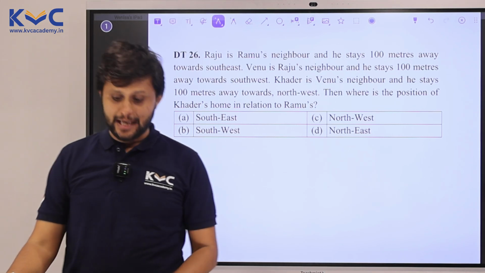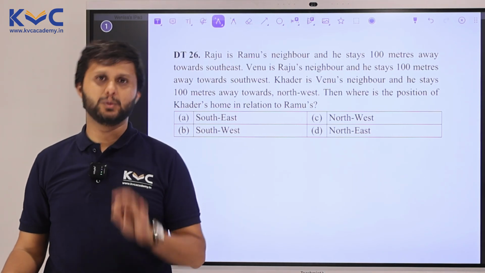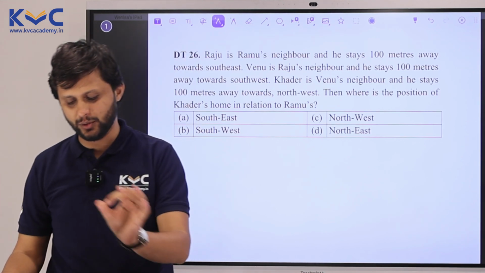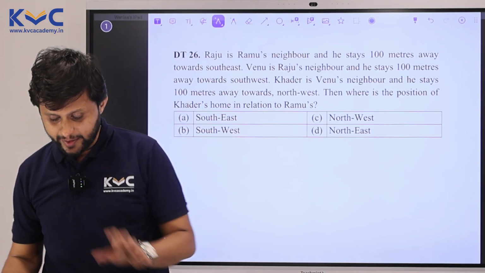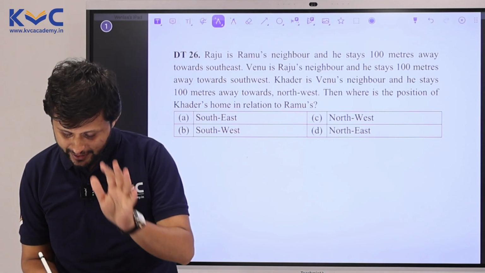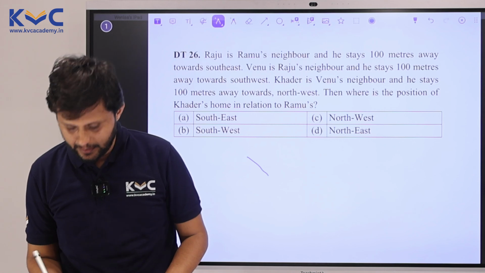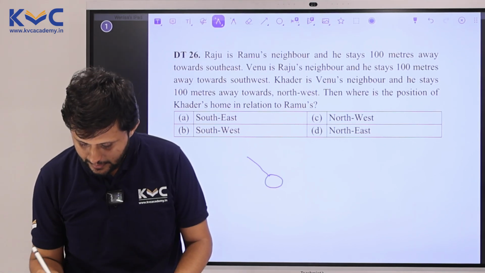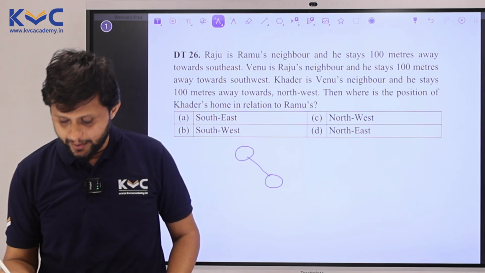Question number 26. Raju is Ramu's neighbor. The full intention of this question is to confuse us with Raju, Ramu. So they are 100 meters away. Okay. And towards southeast, the line that you can see, towards southeast. Now who is where?